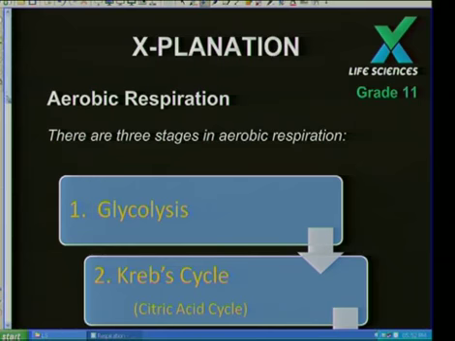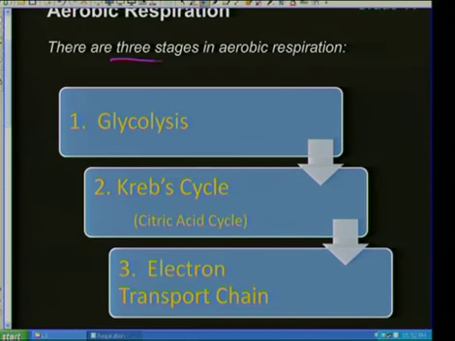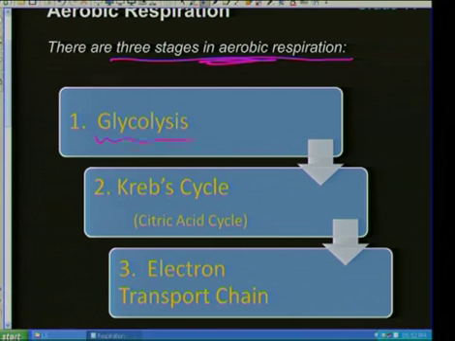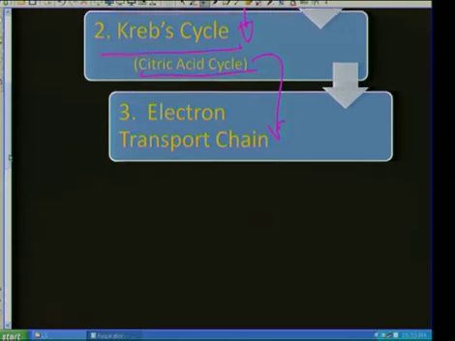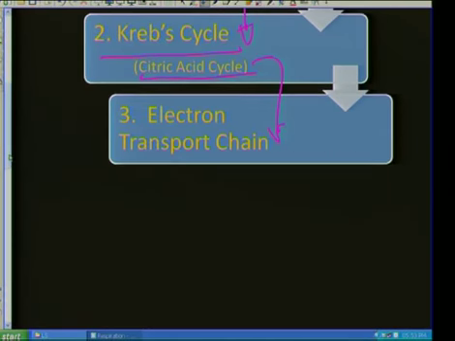Basically, there are 3 stages in cellular respiration, and that is, we talk about aerobic. That means if the complete respiration takes place, there are 3 stages. The first stage is called glycolysis, then follows the Krebs cycle. Some textbooks will call it the citric acid cycle. And then follows the electron transport chain, or what we named earlier as oxidative phosphorylation.